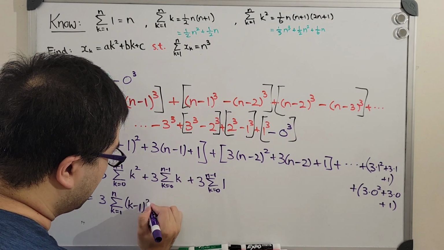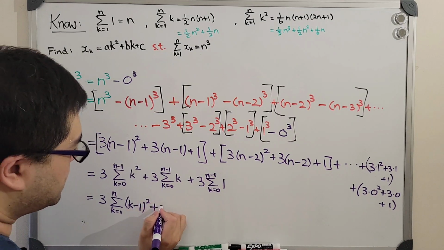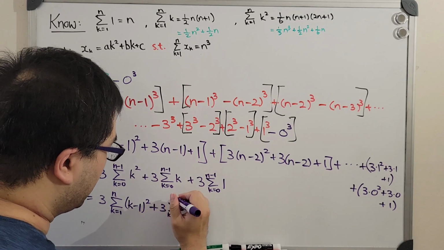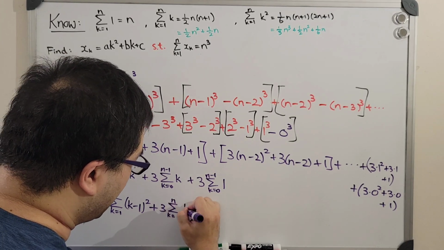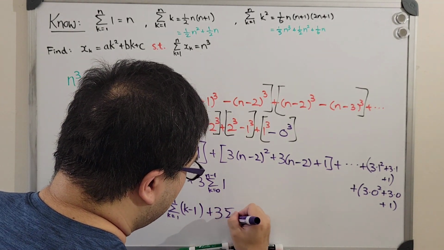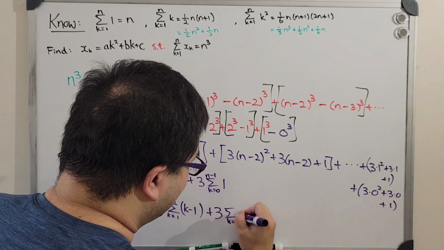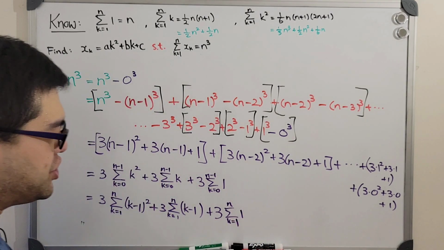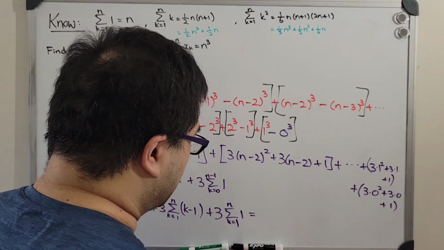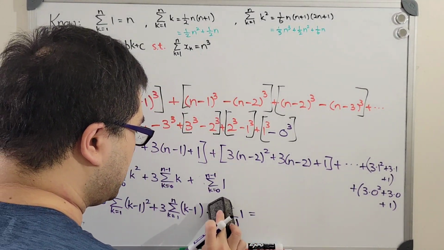So we actually get this, plus for the second finite sum, instead of k, we will have k minus 1 here. But then for the constant term, since there is no k that we need to substitute in, there's nothing that we need to change.